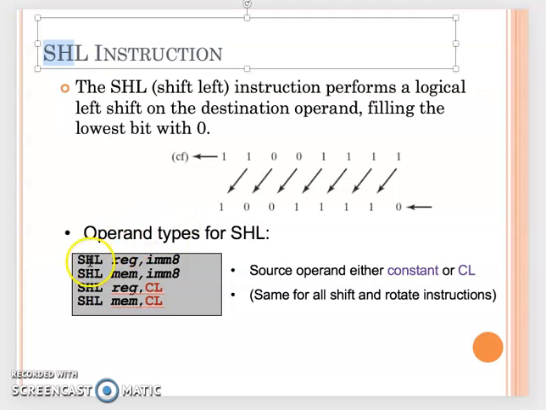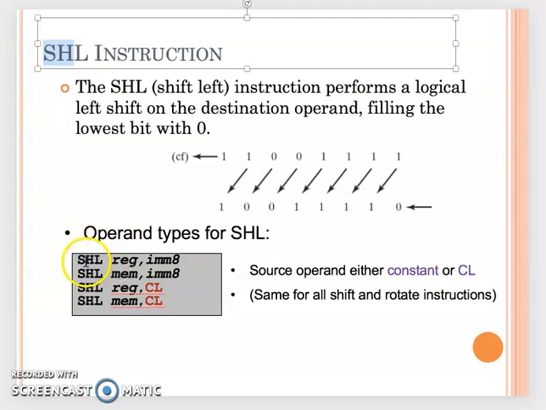When you use the SHL operand syntax, you can see it always has 2 values. The destination operand is the first one, which is the value you want to work on. Then the second is how many bits you want to move.